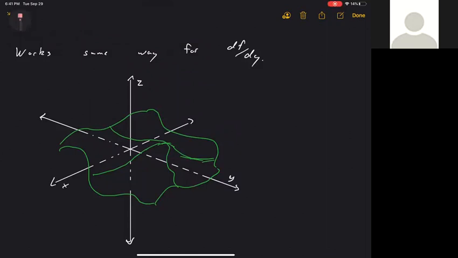Meaning, I'm looking at all these points on my surface, and I'm considering tangent lines that run parallel to my y-axis. So they live in these planes like this.